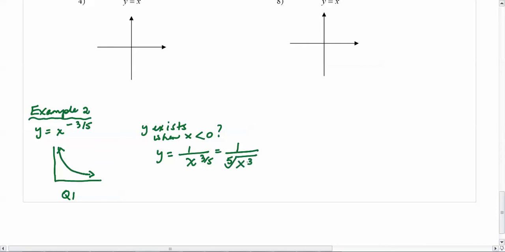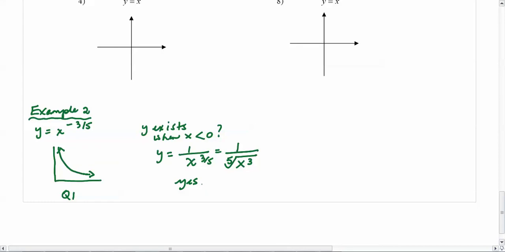And now I ask my question, if x is negative, what happens? Well, when x is negative, cube it, it's still negative. But can I take the 5th root of a negative quantity? Yes. You can't take an even root, but a 5th root of a negative quantity, no problem. So the answer is yes, there's more to the graph.